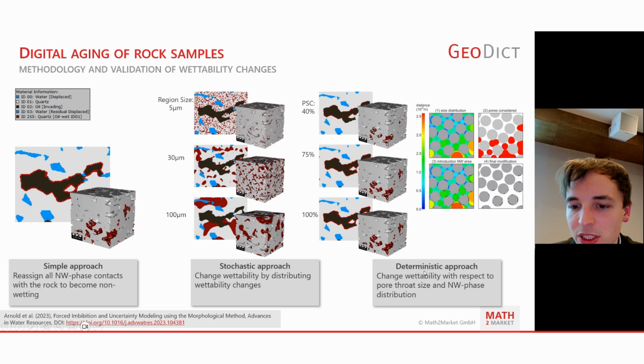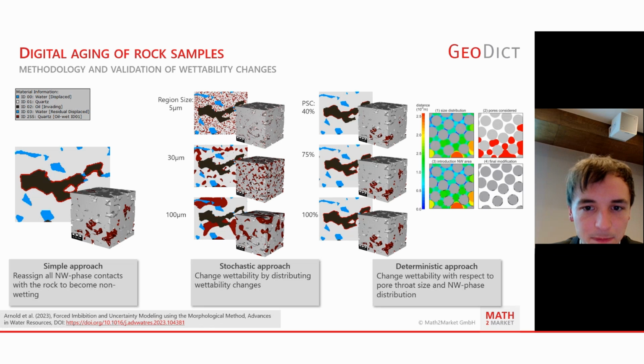Gordon was also mentioning the deterministic approach, which considers, based on the pore throat size and the surfaces that are touched by the oil, only the larger pores as oil wet after aging.